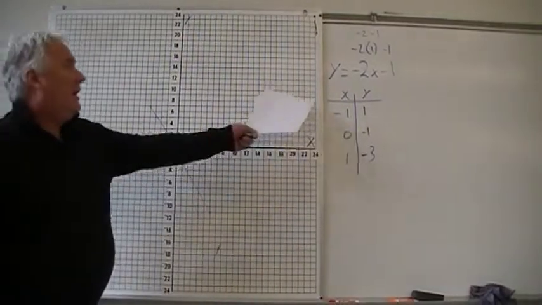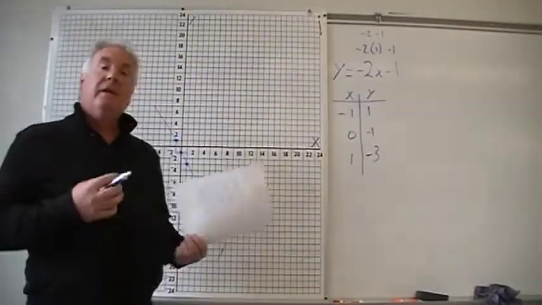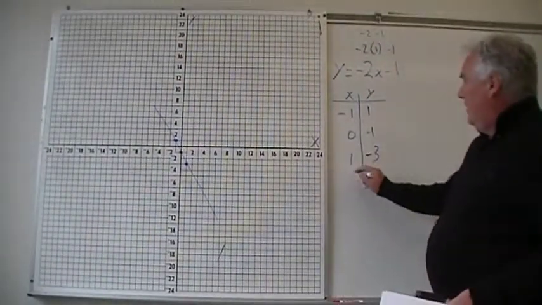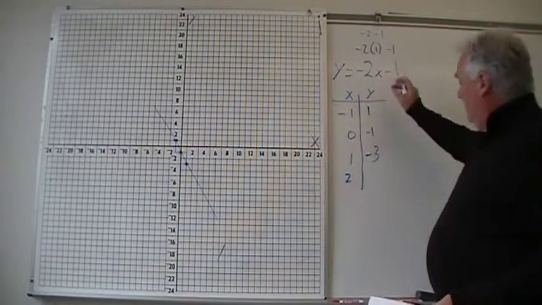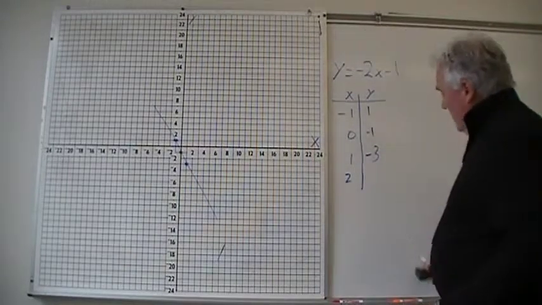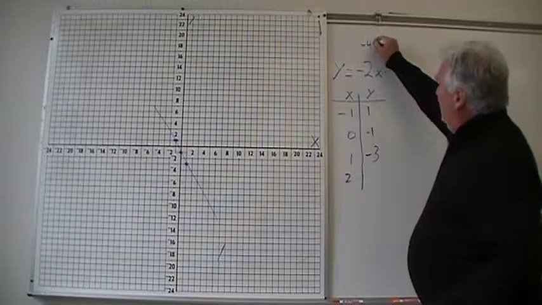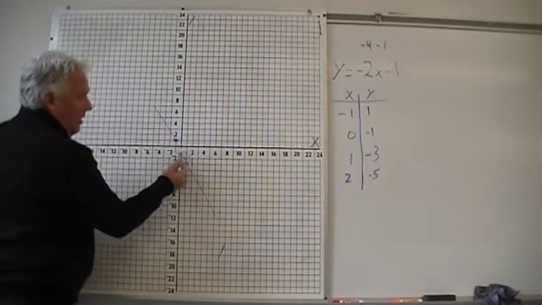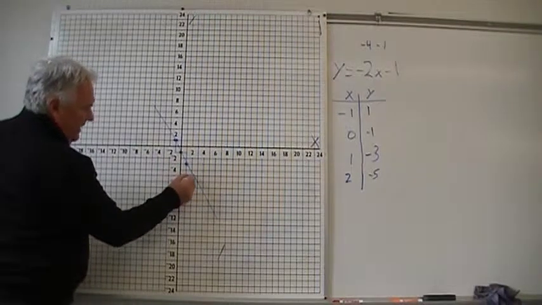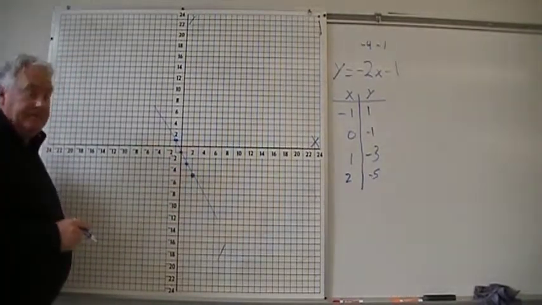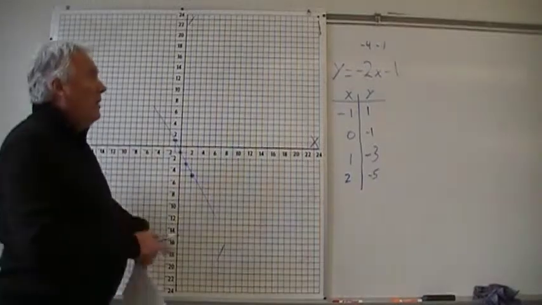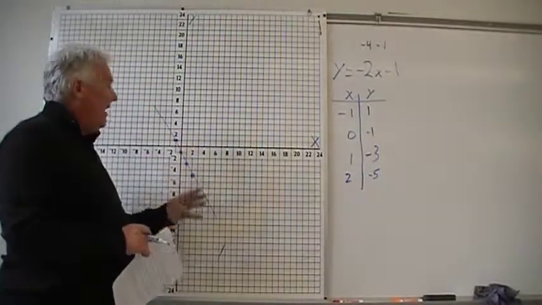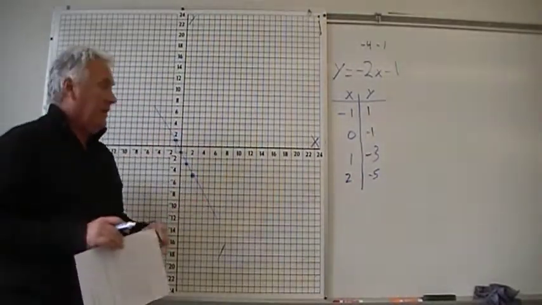We've created a line because that's what this is. It's a linear relationship. I can keep going. I could put 2 in here. 2 times negative 2 is negative 4, minus 1, negative 5. Over 2, down 5, it's on the line. Okay? So, we have this equation, we have the table, and we have the line. They're all the same things.